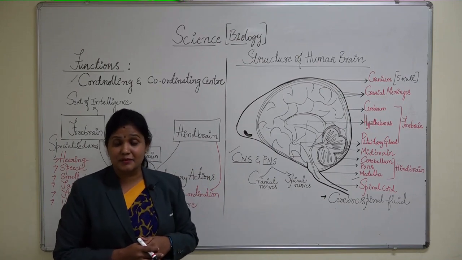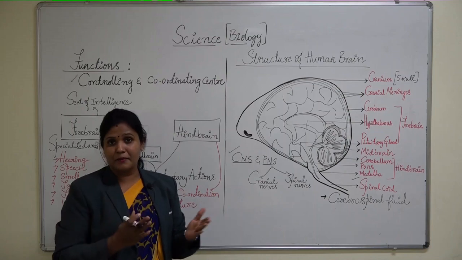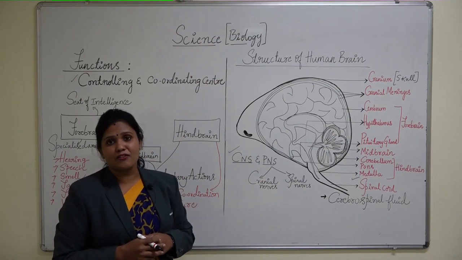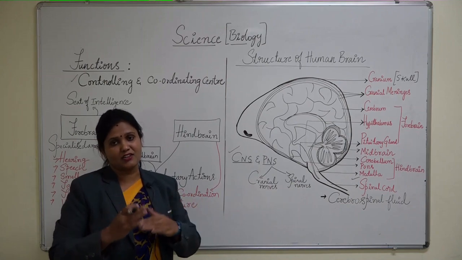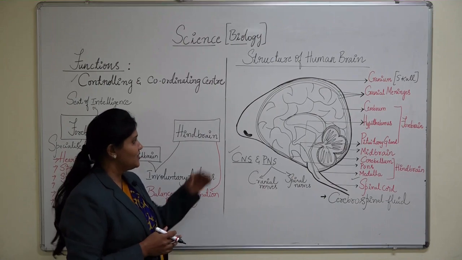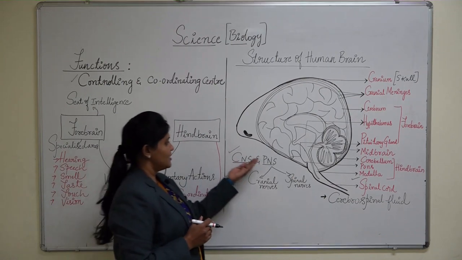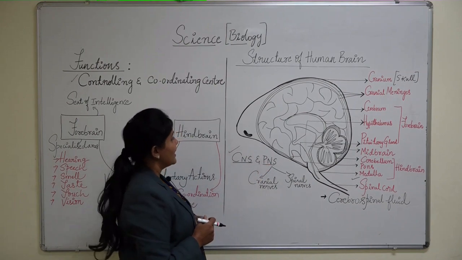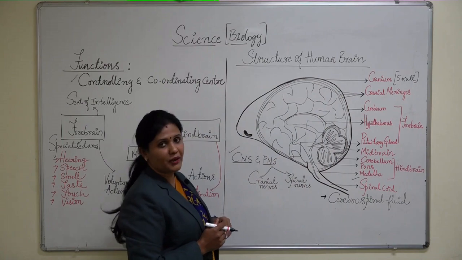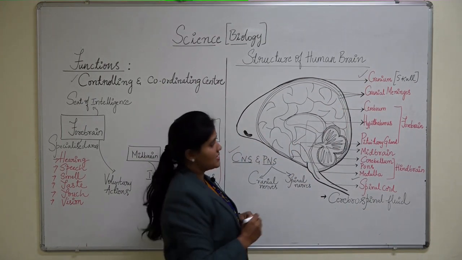This complex system is responsible for everything we do, from a person's conscious experiences to the regulation of homeostasis, which are based on the neural activities in the brain. Let us take a look at its longitudinal sectional view. This is the structure. It is protected by an outermost bony case called the cranium, which is the top part of the skull.